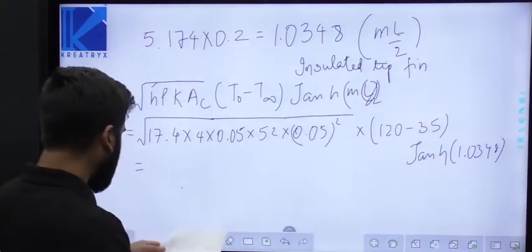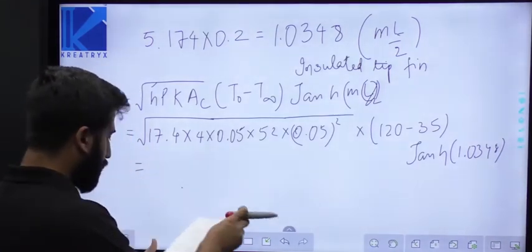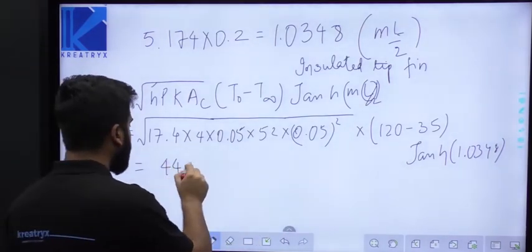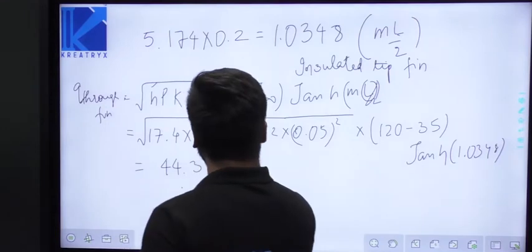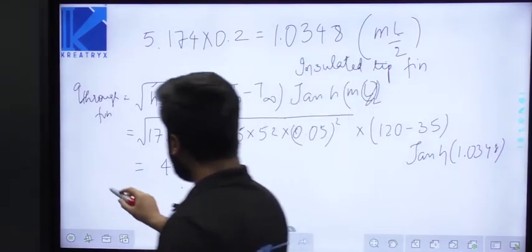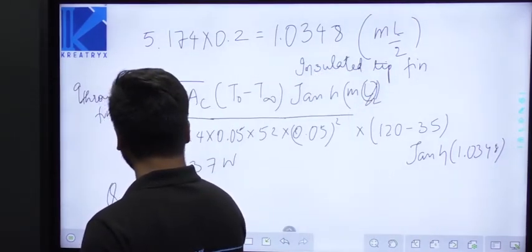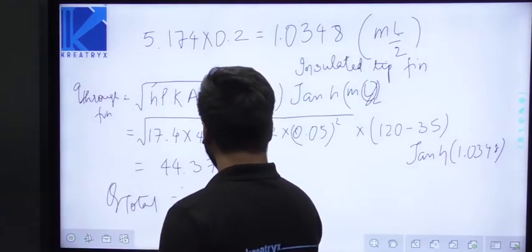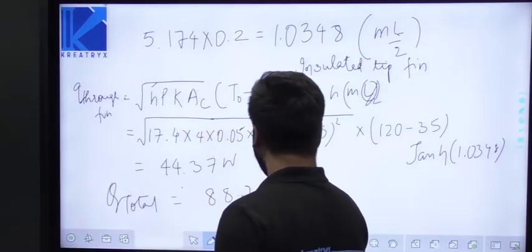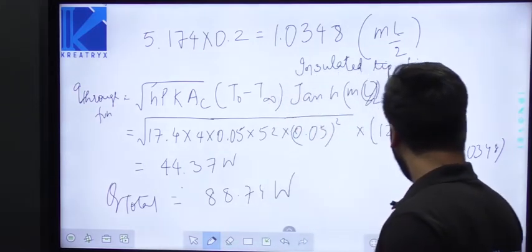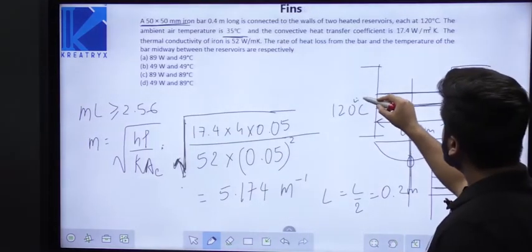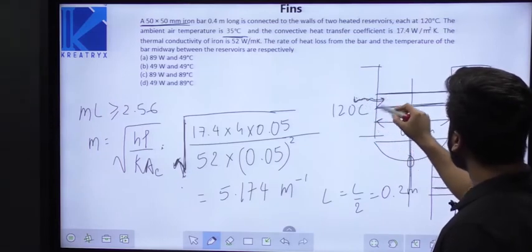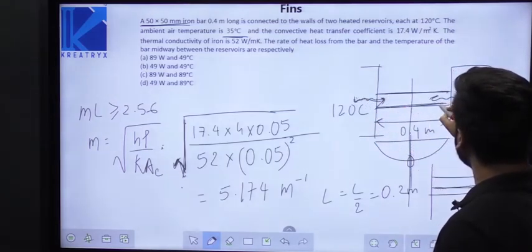This will be 44.37 watt, and Q total will be twice of this value, which is 88.74 watt. Why twice? I've told you, because the rate of heat conducted through this fin will be equal to the rate of heat conducted through this fin.